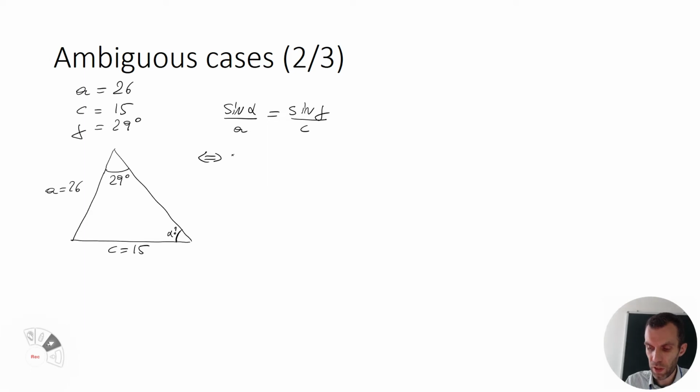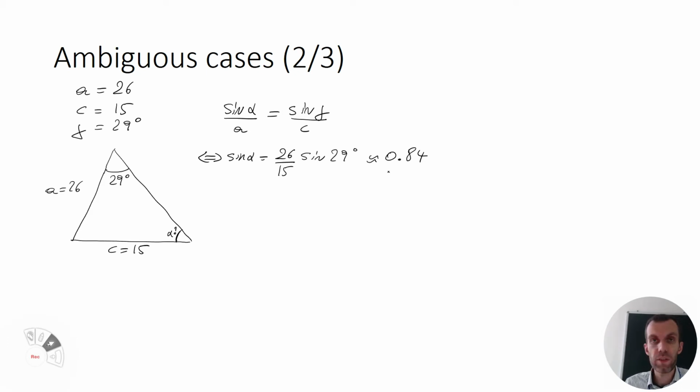We know that sine alpha is equal to A 26 divided by C 15, times sine of gamma, that's 29 degrees. Okay, fair enough. Now if you calculate that, that gives you about 0.84. Again, not a value that you have in your table, so that's fine.